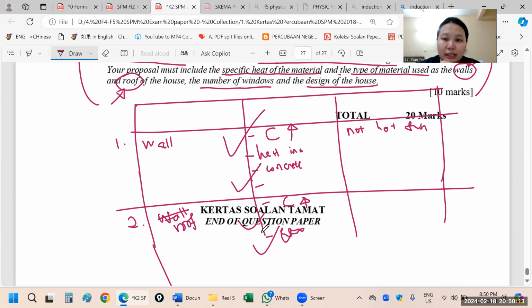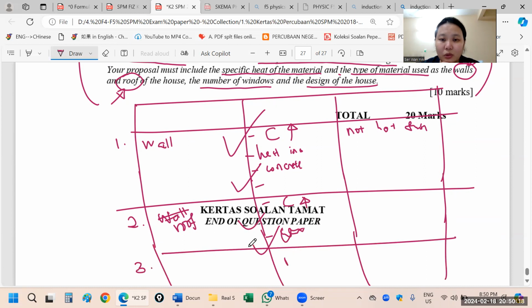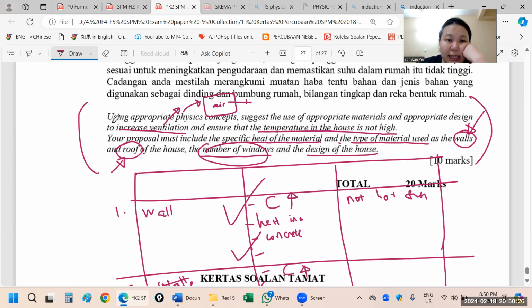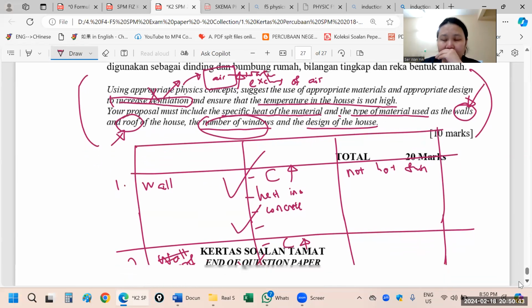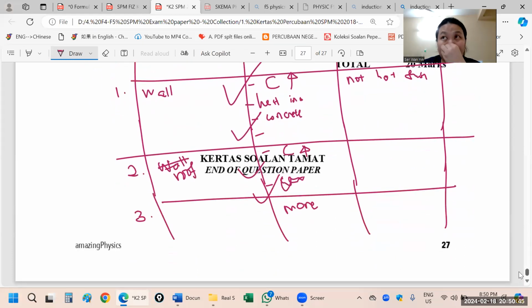Then you have the number of windows, more. Why more? If you say increase ventilation, cannot. But if you say increase the rate of exchange of air inside, can. Or you can say, ventilation actually means what?